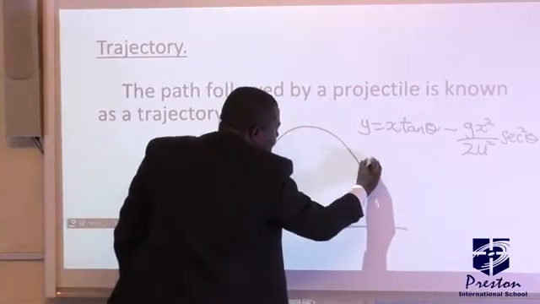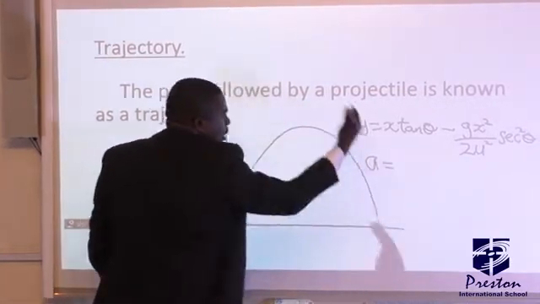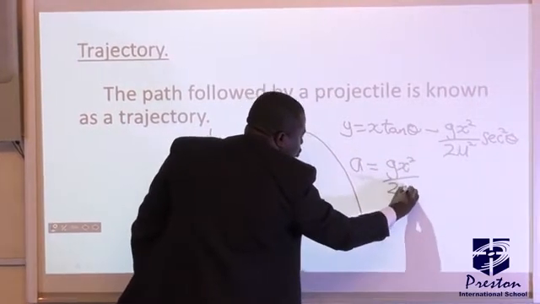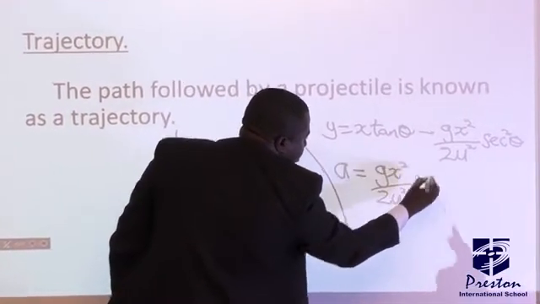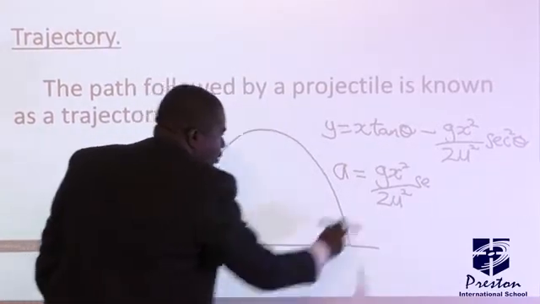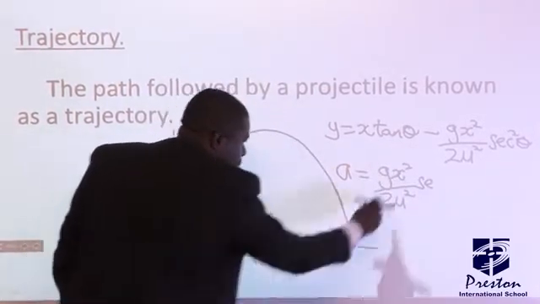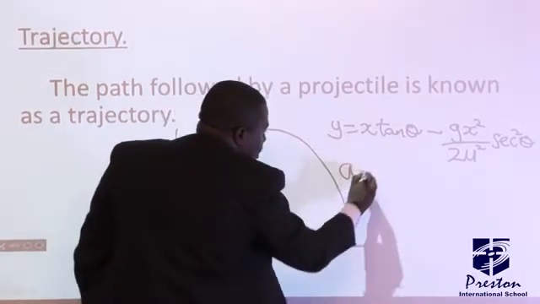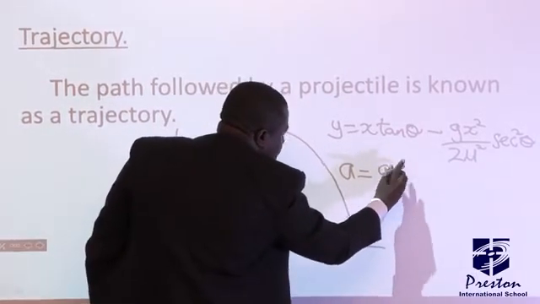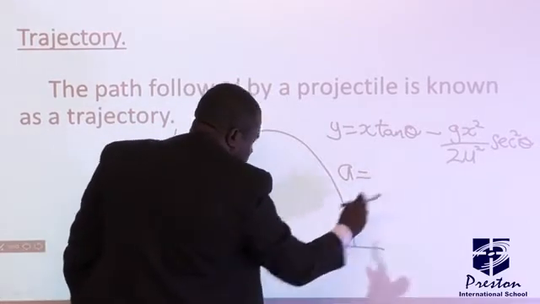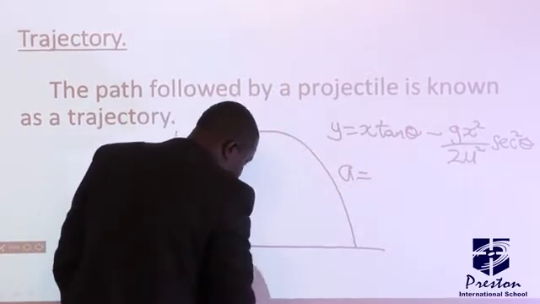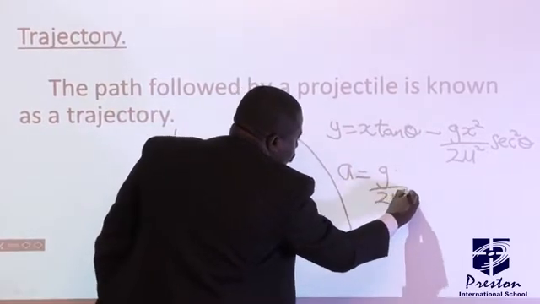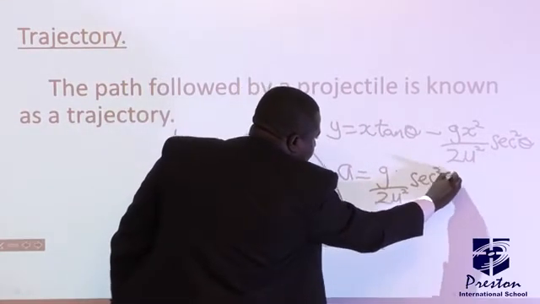We can now say, let A represent g over 2 u squared, then sec squared theta.